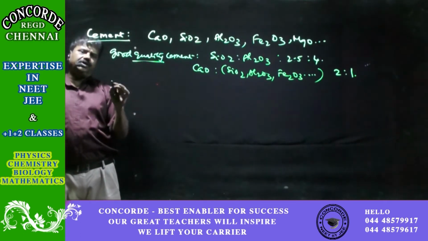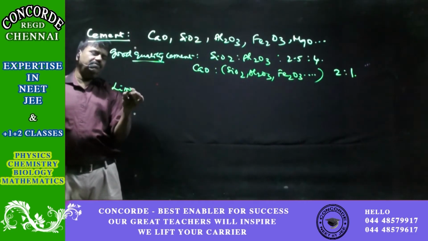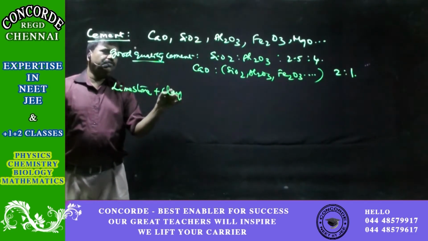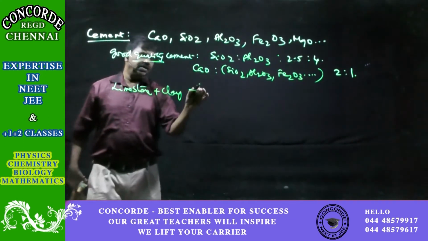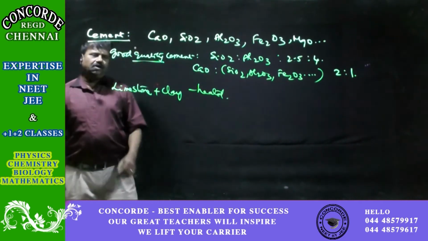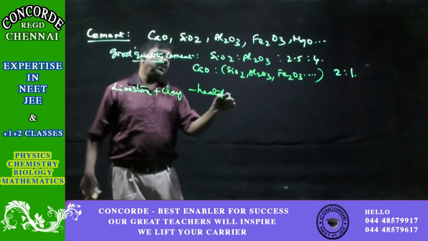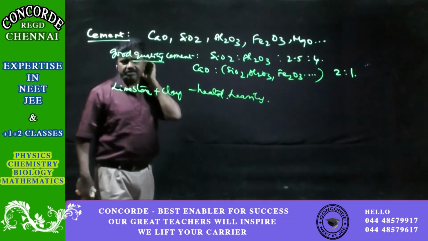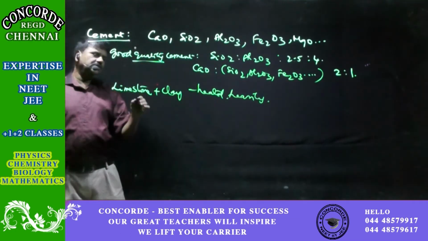So this is for the good quality cement. How cement is prepared? It is from limestone and clay. Limestone and clay are mixed and heated heavily. On heating, the limestone and clay fuse together.